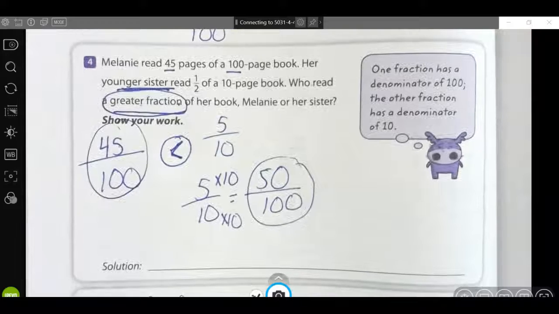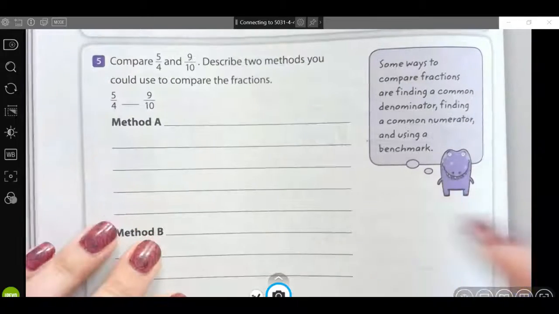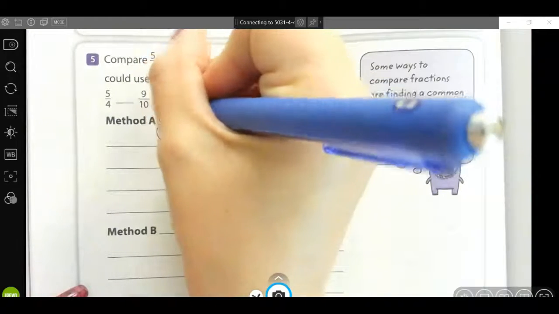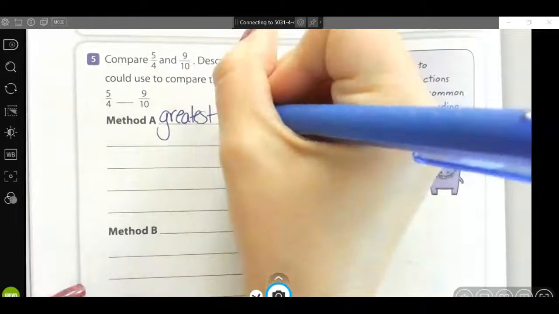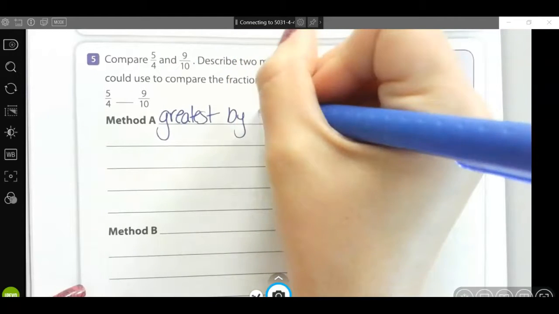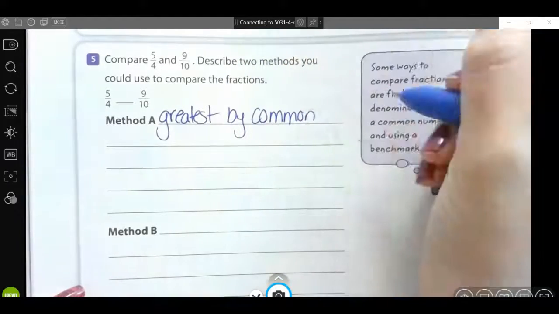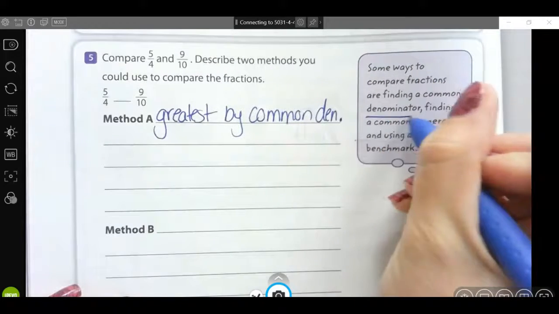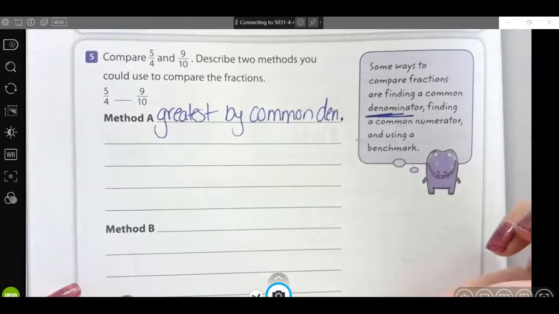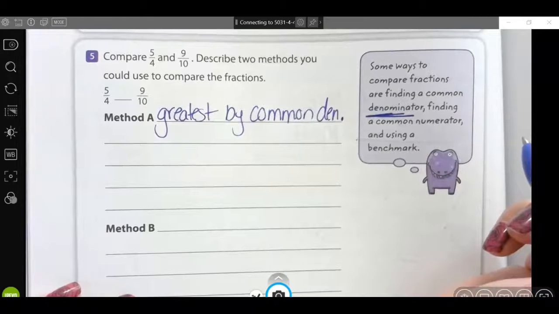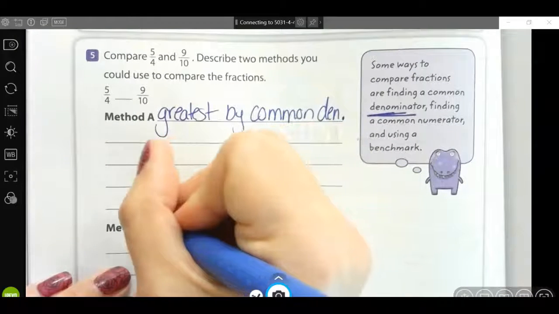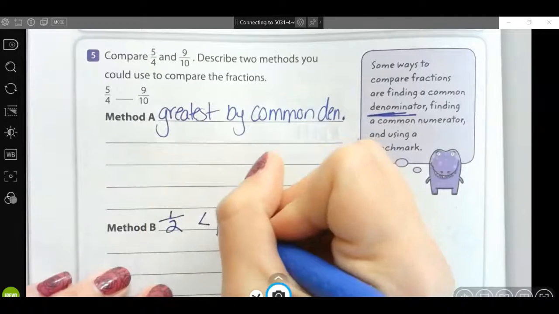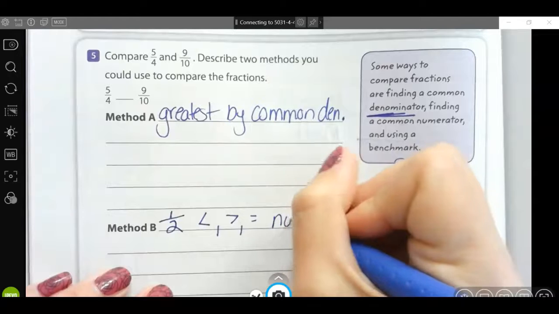Okay. But I have a question. Okay. We're comparing, there's two ways to compare fractions. We can find greater by common denominator, or we can say what is greater or less than 1/2 or equal to using the number line.